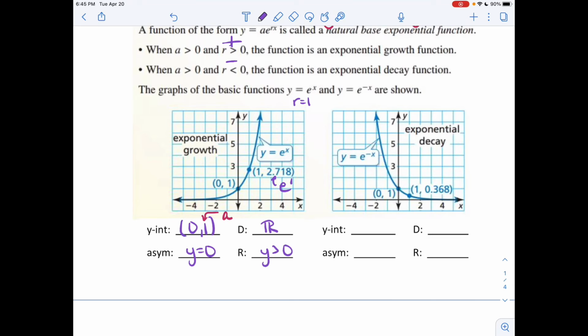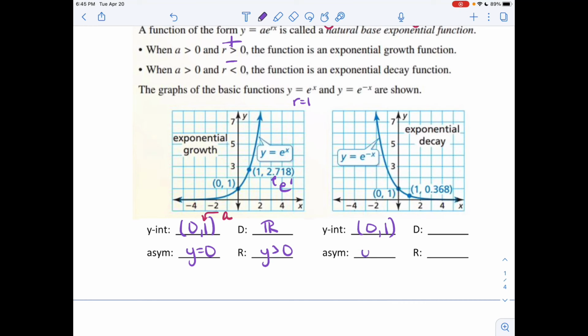Now let's look at our negative exponent on e. So if we have e to the negative x, we can see that we have a decay function. We still have the same characteristics. Our y-intercept is at our a value of 1 because there isn't a number out in front.